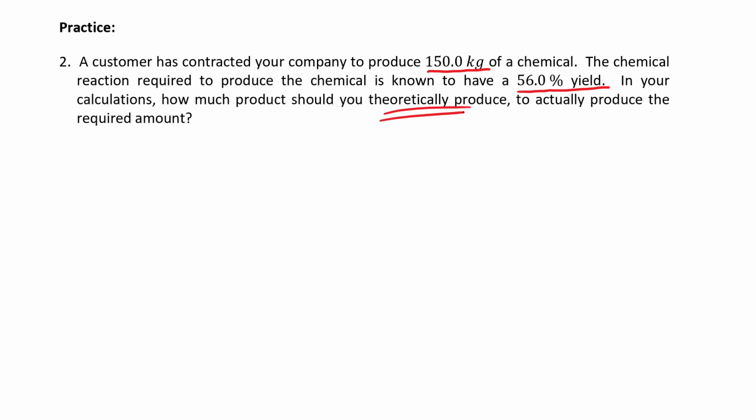We don't want to produce too little because then our customer won't get what they asked for and they'll be upset. We don't want to produce too much because it'll lower the company's profits and your supervisors won't be happy. I would like you now to calculate how much theoretically you should produce to actually produce 150 kilograms, given a reaction has a percent yield of 56.0%. Try that now.